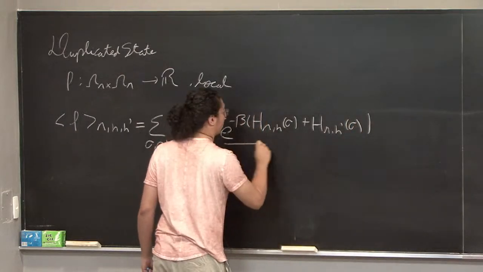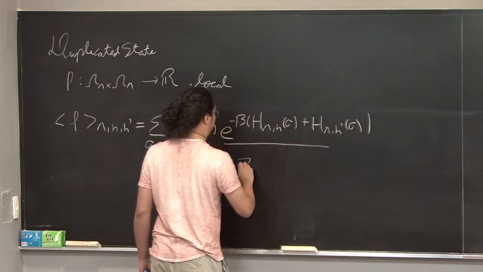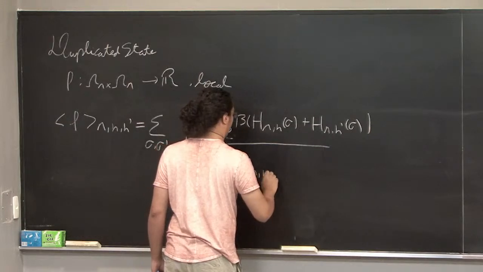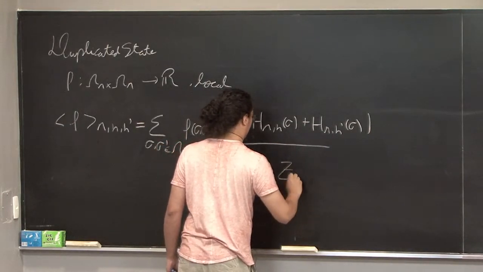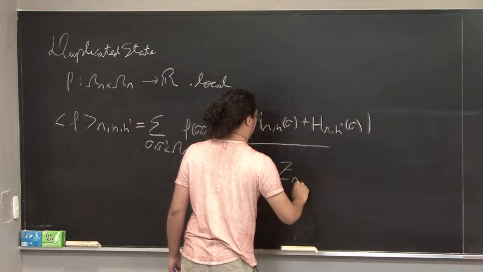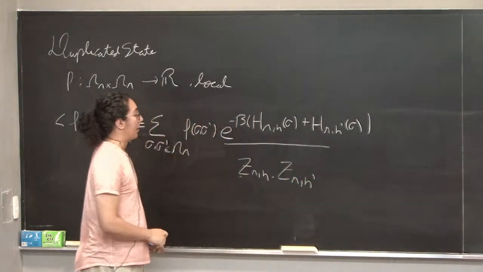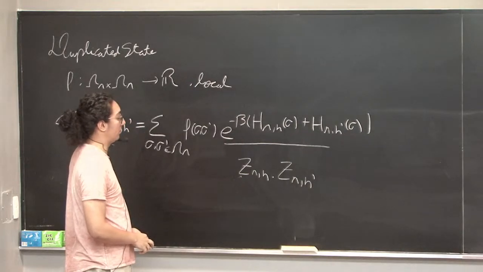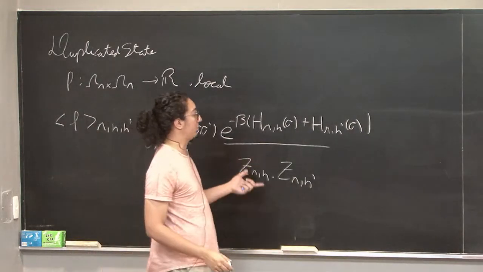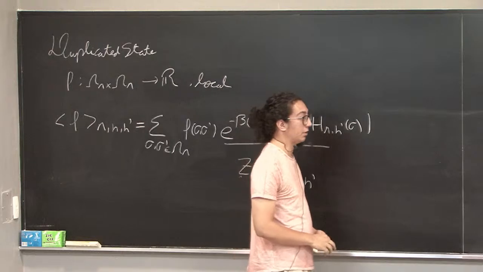And again, you divide by both partition functions, for H and H prime. You can write this, or you can write the partition function of the duplicated state. It's the same thing.